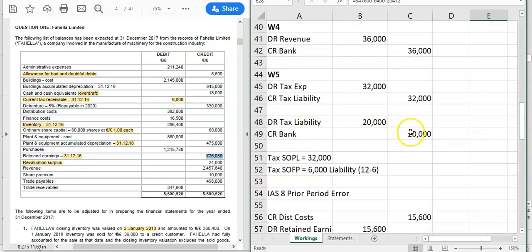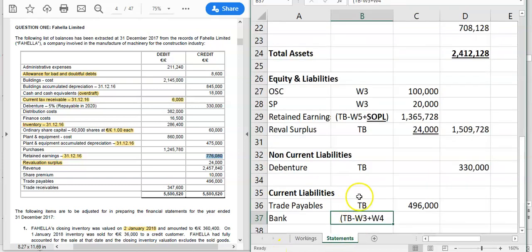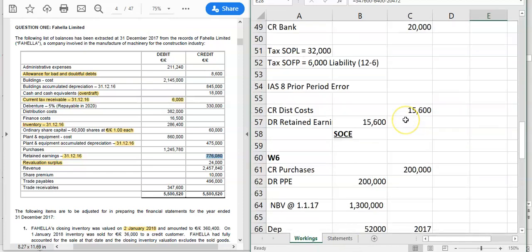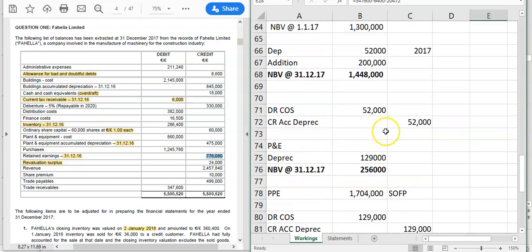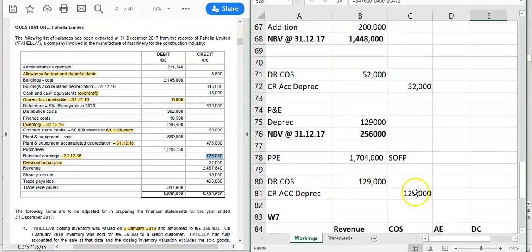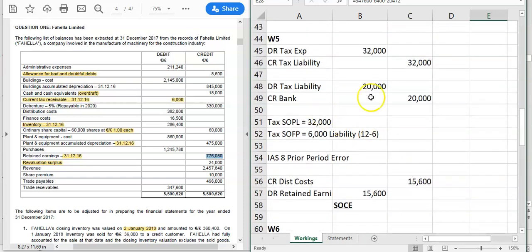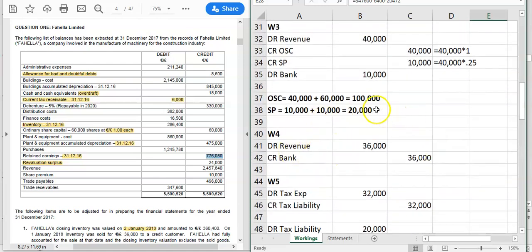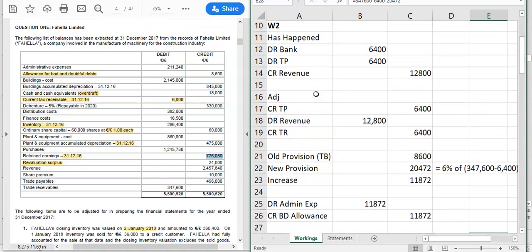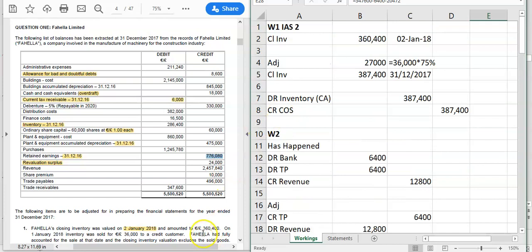You have plus working 5, because you're paying out of the bank that increased the overdraft. Plus working 5. And just double check then, there's nothing else I think in terms of that. Nothing here in terms of bank, nothing there. We have the working 5 in, we have working 4 in, and we have working 3 in. So they look okay.